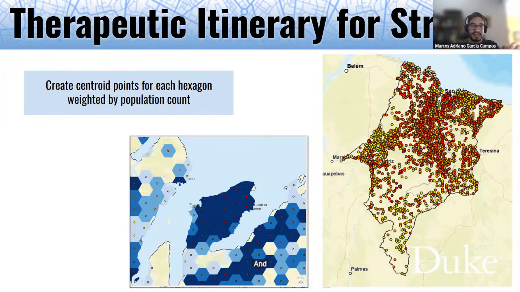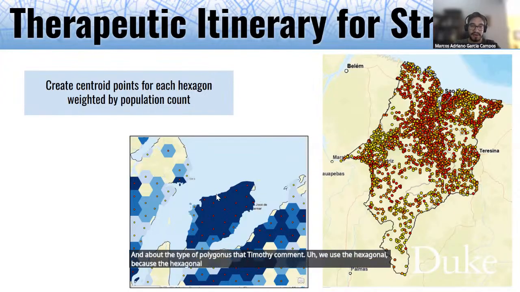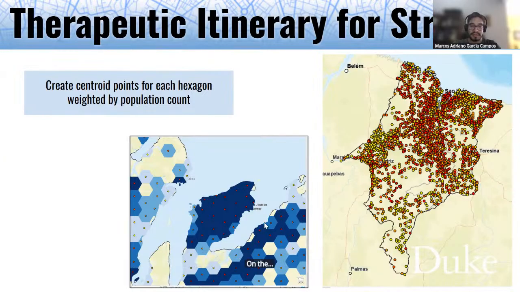About the type of polygon that Timothy mentioned, we used the hexagon because the hexagon can fit better on the frontier areas. If you can see here, it fits the figure better.